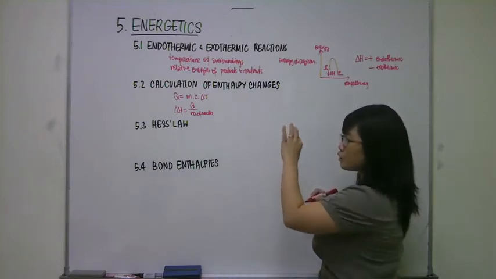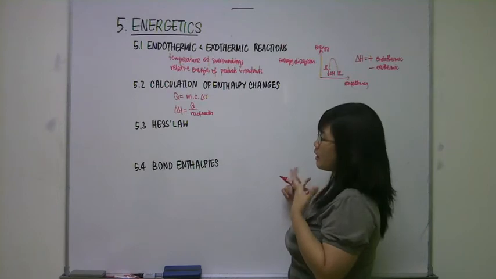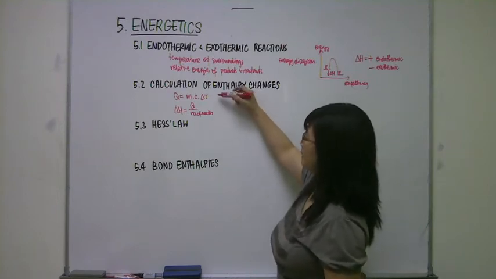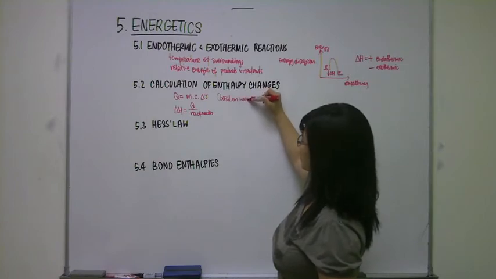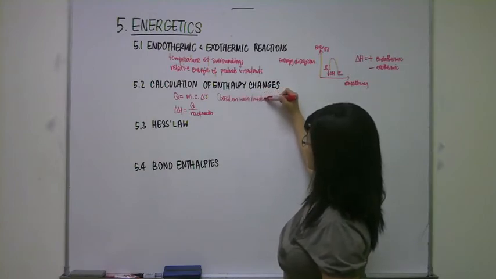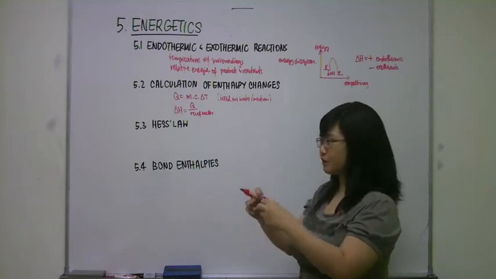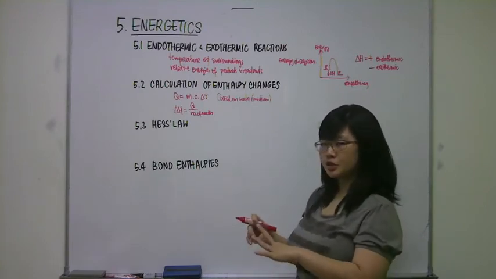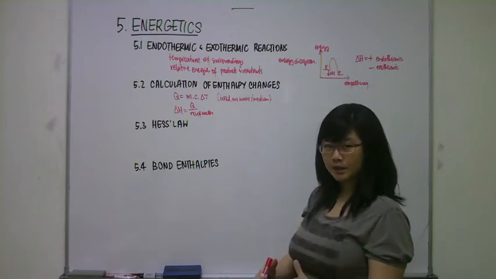Okay, so here you need to be explaining about how usually the Q will be measured based on water or the medium. Okay, on how we can't really measure the temperature of the reactants, but we can measure what the changes in the environment, and from there we can deduce what's happening in the reaction.